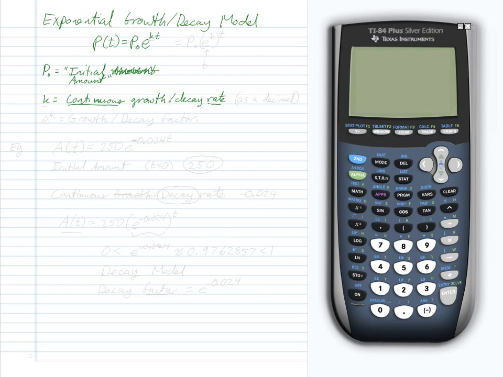Now, using laws of exponents, I could interpret this function using the power to a power rule as P sub 0 times e to the k, to the t. And here we see that e to the k is standing in for our usual b. So e to the k represents our growth or decay factor.